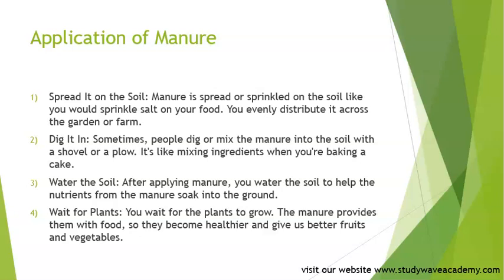And when they grow, they become healthy and strong, and it gives us sweet fruits and vegetables for us to eat. So manure is like food for the plant. It is very important for the plant to grow strong and healthy. Okay? We understand that, right?